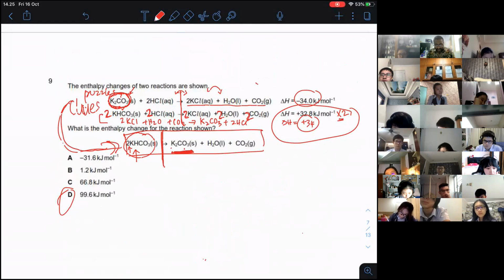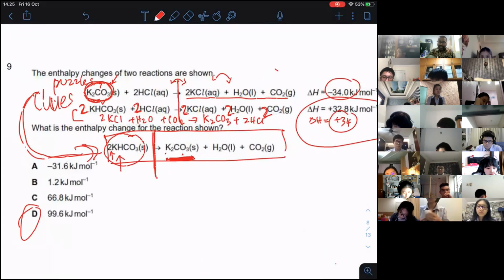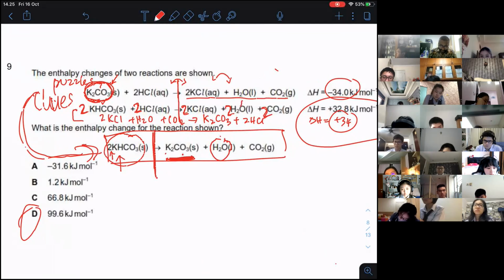It's just that I use something else as the determination to choose. Why don't I use H2O on the left and right? That is right, but the reason is simply that both equations have H2O, so how do you know which one?